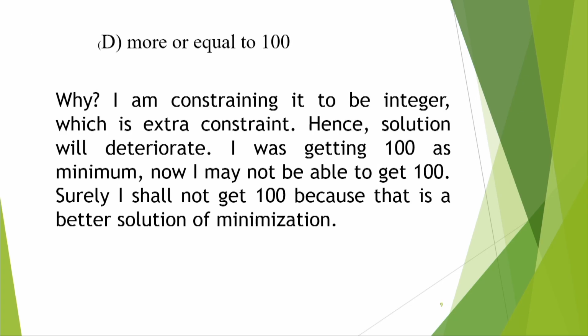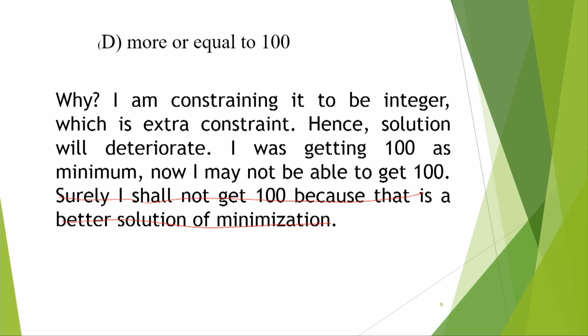Again, I am writing here why: I am constraining it to be an integer, which is an extra constraint, hence the solution will deteriorate. I was getting 100 as the minimum, now I may not be able to get 100. You don't have to pay attention to these wordings, I am just explaining that I may not be able to get 100, but I can also get 100.